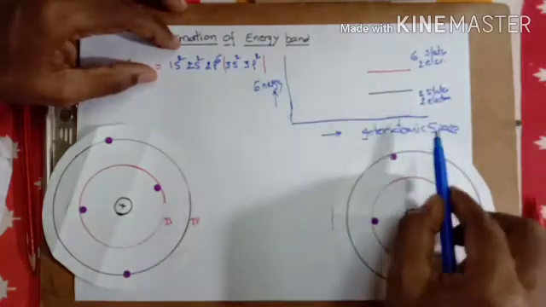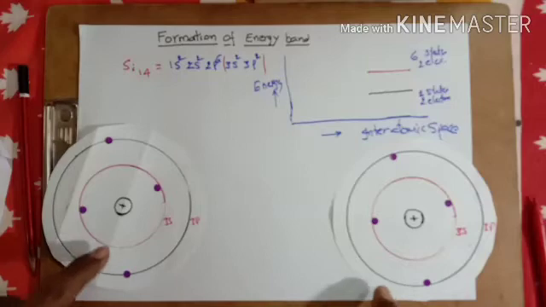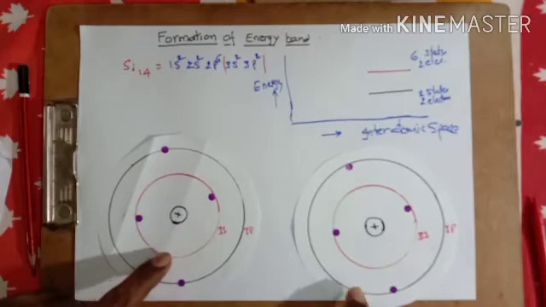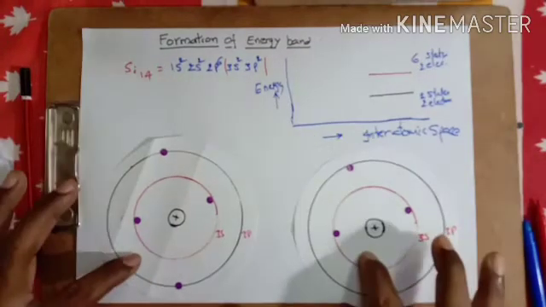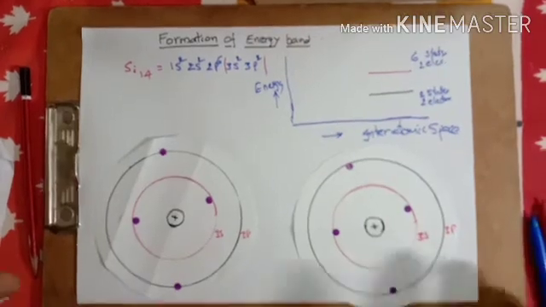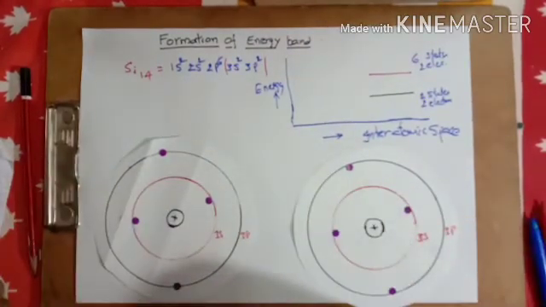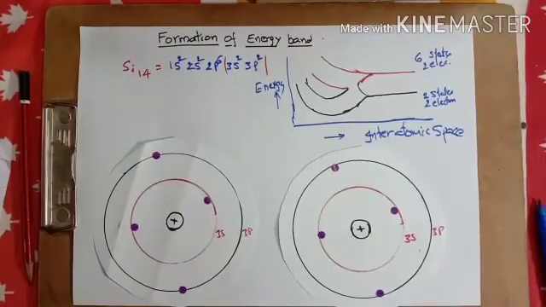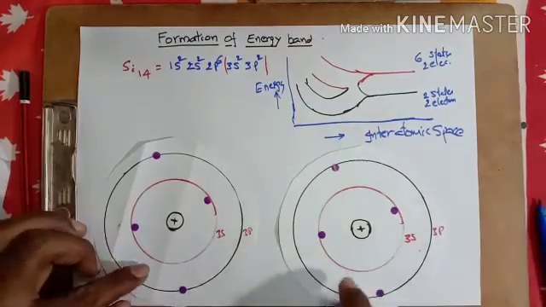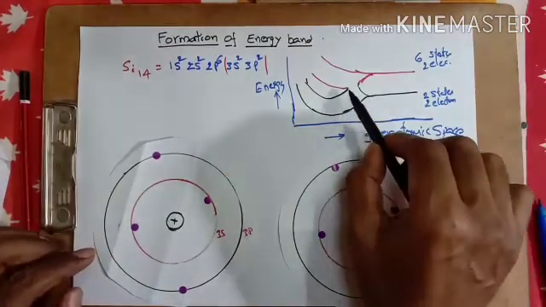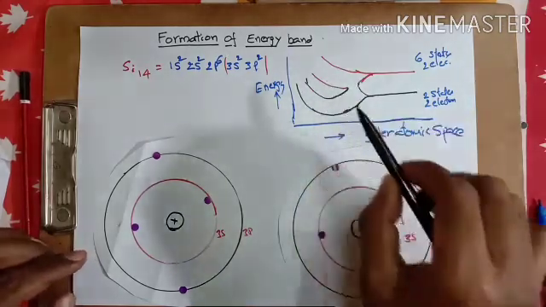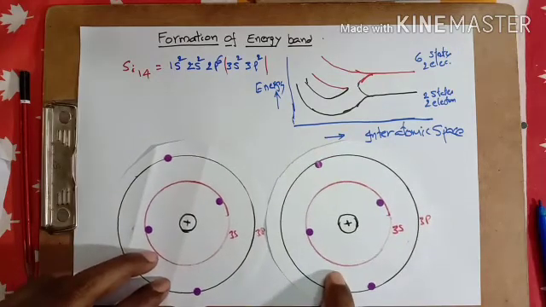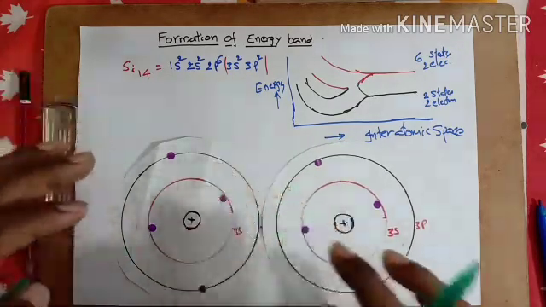So now the interatomic space is large there. As you keep on bringing them close together, the atoms are coming close. What will happen? When they come close, due to the interatomic interaction, the energy levels will be splitting. As you bring them closer, the energy levels will split like this and form a band. So at a particular distance between the atoms, the silicon material will be crystallized.